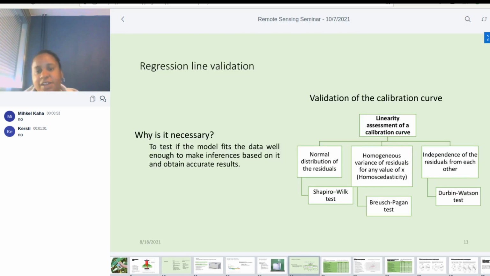Finally, for the validation of the regression line, we decided to test for the assumptions of the residuals for the linear models, and that is why validation is necessary.